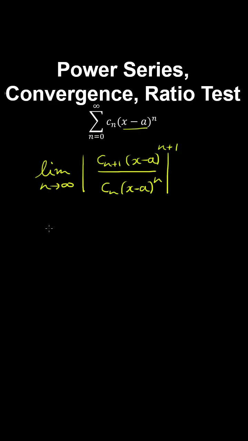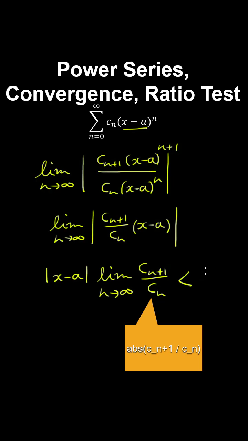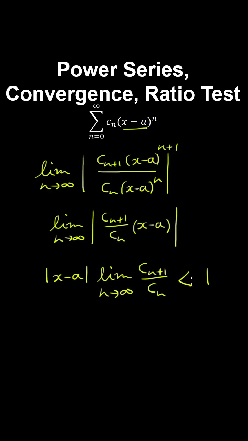What we end up with is the limit as n approaches infinity of the absolute value of the following expression, factoring out the absolute value of x minus a, and by the ratio test, this must be less than 1 for the power series to converge. This gives us the radius of convergence and the open interval of convergence, and then we test the endpoints of the interval after that, which looks something like this for a power series centered on x equals a.